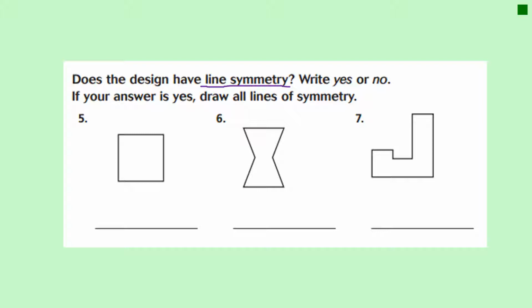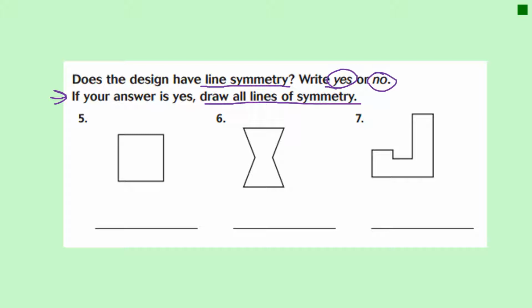It's just where if you can draw a line of symmetry, it has line symmetry. So we just have to write for this one yes or no. Oh, but there's more here, look. If your answer is yes, draw all lines of symmetry. Oh, okay. Well, they added a little twist at the end.